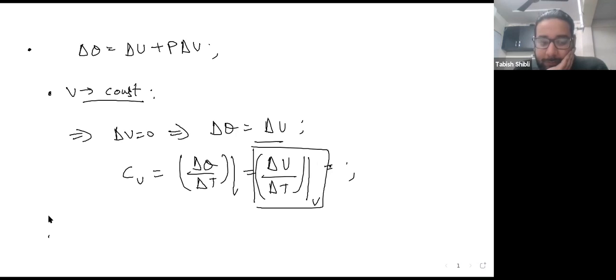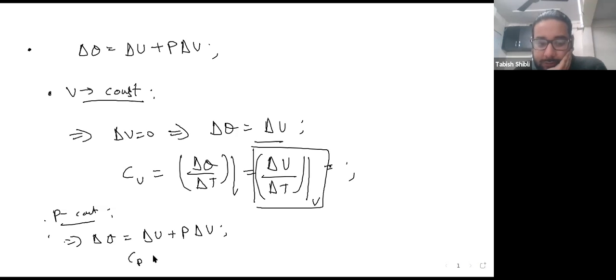Now, when my pressure is constant, what happens? Well, my delta Q in this case is just my delta U plus P delta V. So what is Cp?